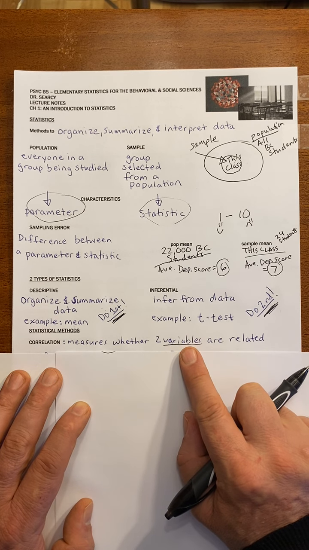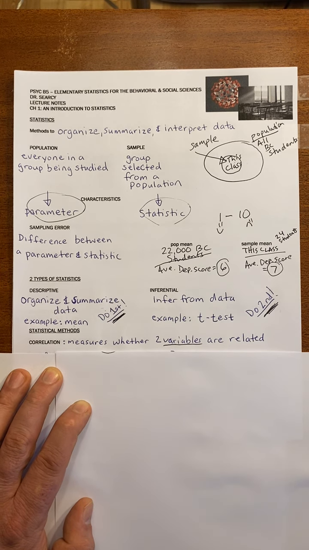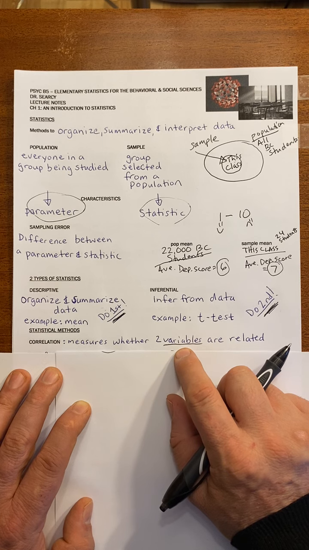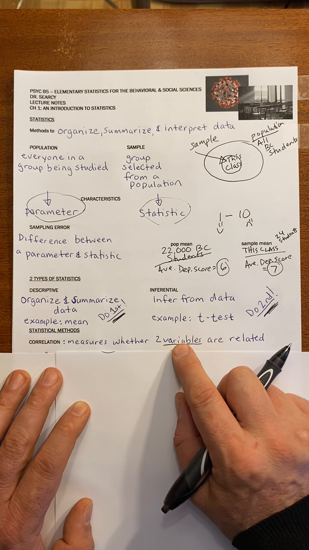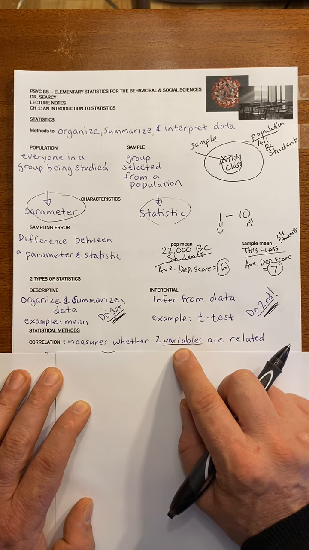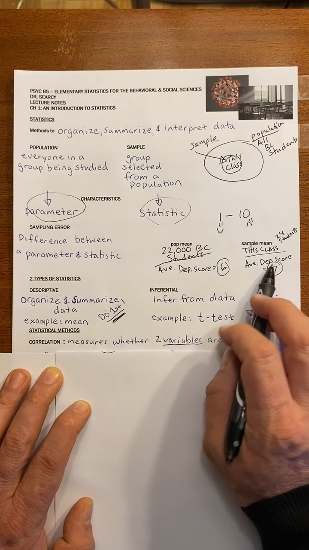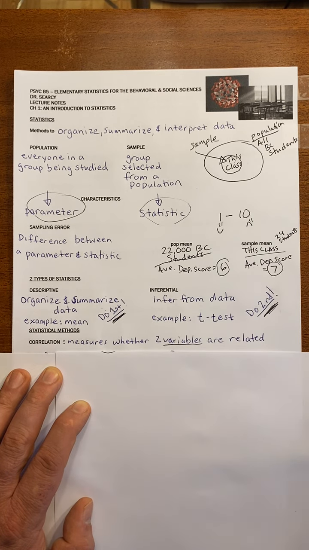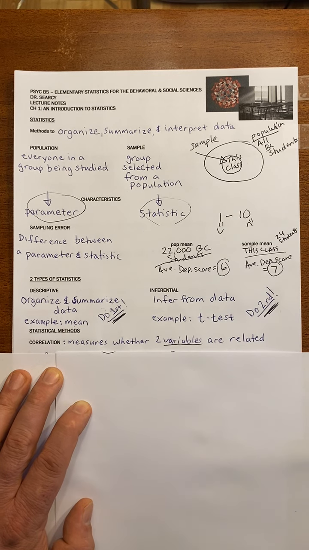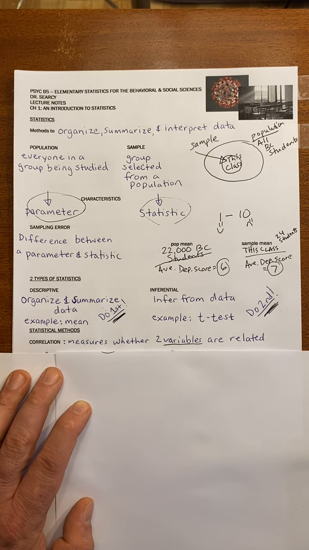Basically, a variable is anything that can be measured, right? Anything that's of interest to a researcher that is measurable. An example of this is these depression scores that we're talking about. Level of depression is a variable because a person's level of depression is something that is measurable.